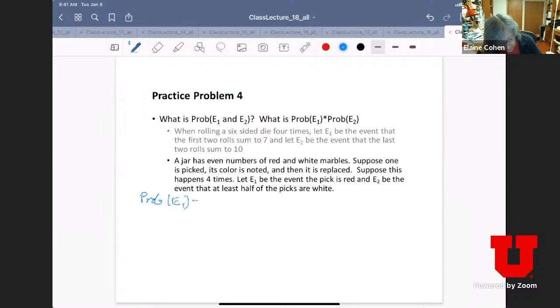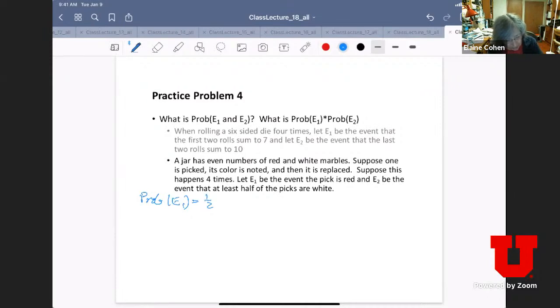It's the first pick, and that's a half. Remember, we're not looking at all of the picks. We're only looking at the first one, so it's either red or white, and it's equal probability because they're equal numbers of marbles.